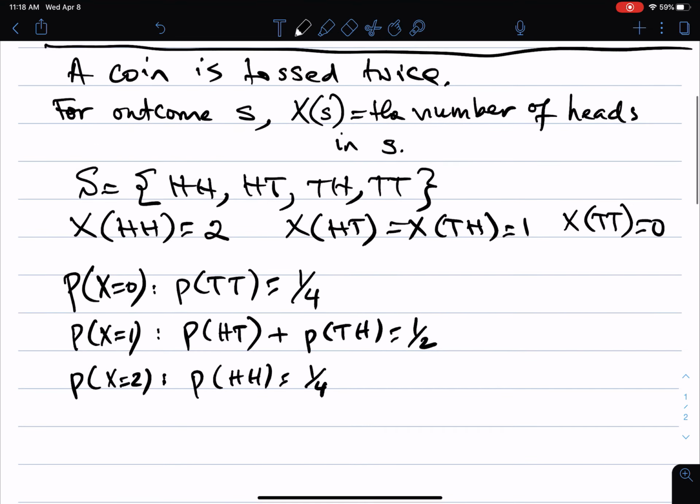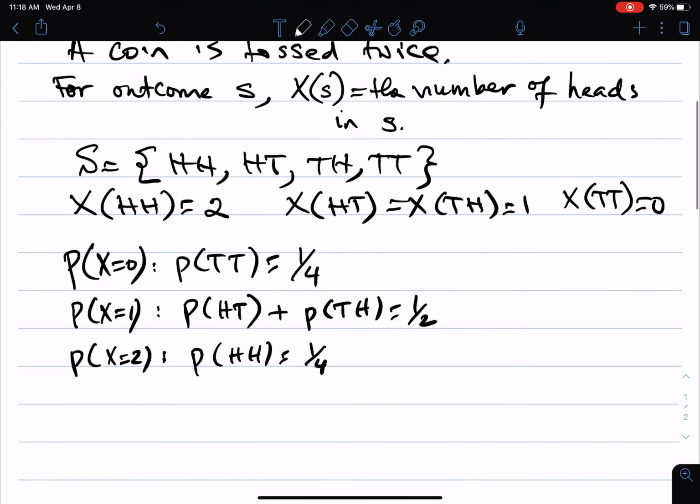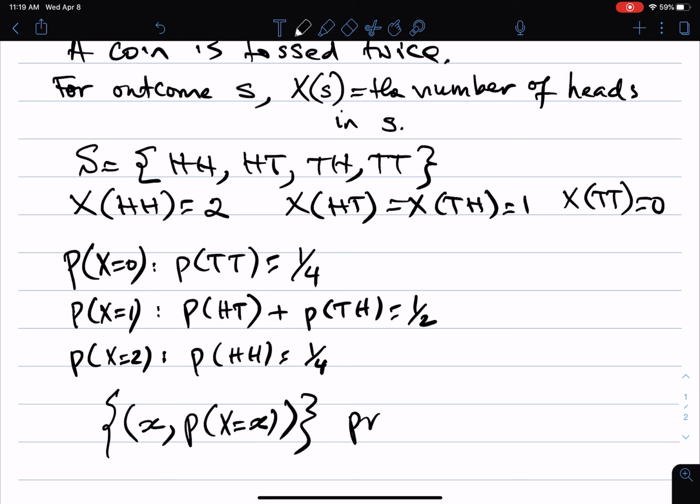Okay, so if you look at every possible value that the random variable x can take, and P of x equals x, this set of pairs is really a probability distribution. So this is the probability on the values that a random variable can take.